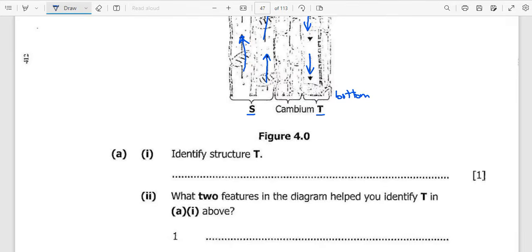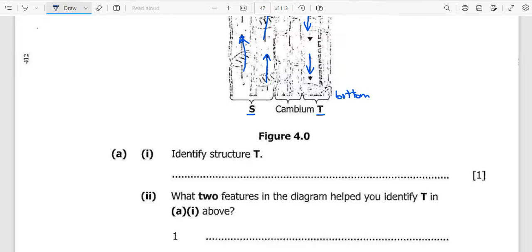Now we have to be very careful when identifying the structures here. We have number 1, these are moving up. So food substances are being moved from the bottom to up, and then we have from the top to the bottom. So we have to identify T. When you look at T, this is a cell which has been specialized.